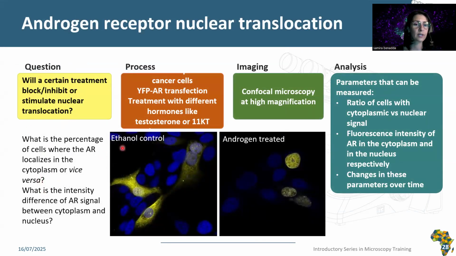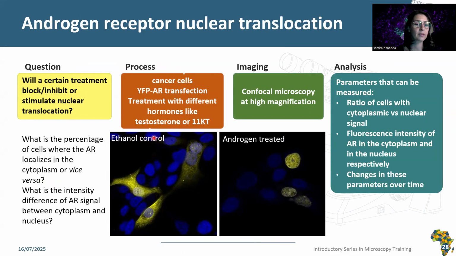So to answer this question, we can take cancer cells transfected with an androgen receptor tagged with yellow FP, and we can do treatment with different hormones like testosterone, for example.